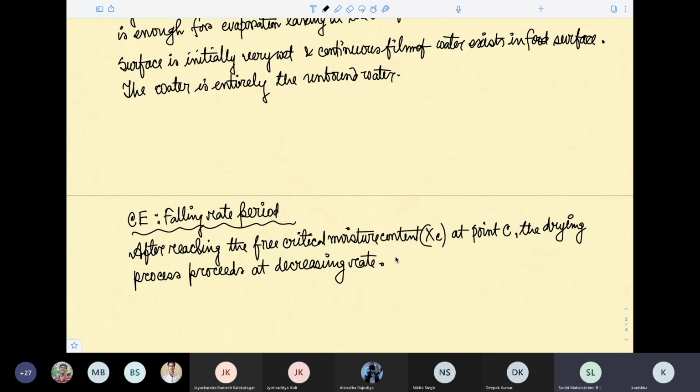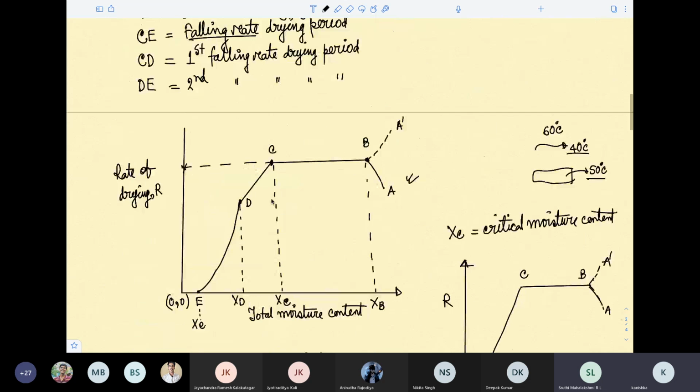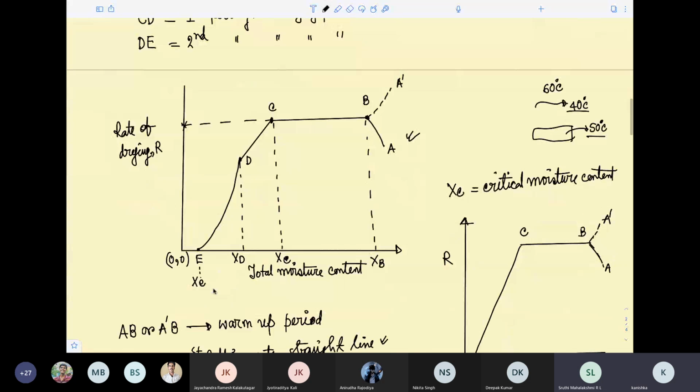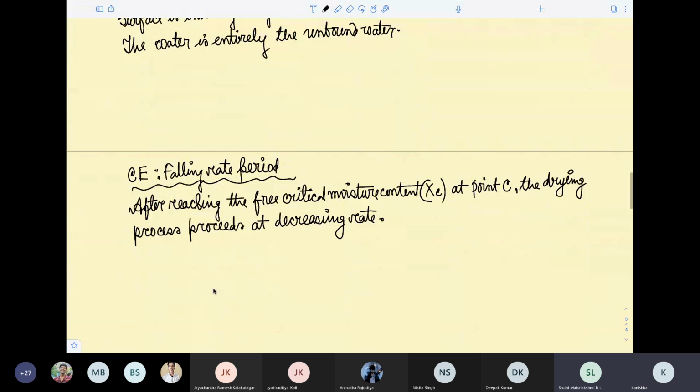Now what happens? If you look at this, there are two parts, CD and DE. We will now focus on the initial part, CD. What happens in CD?